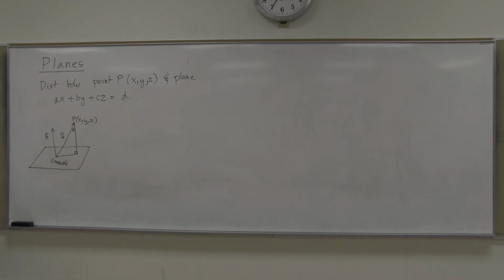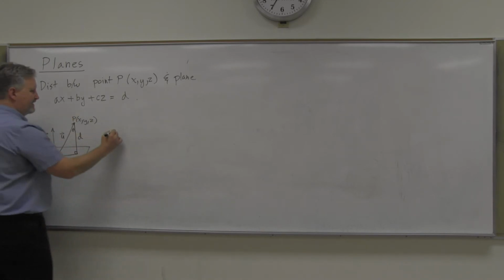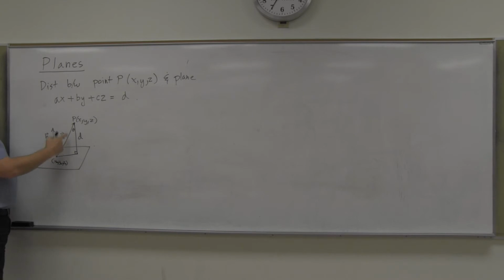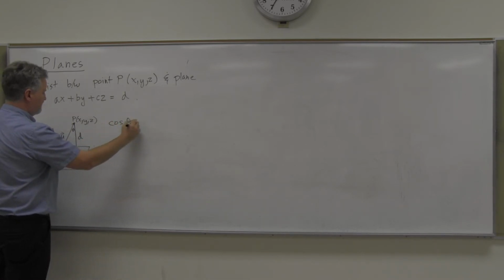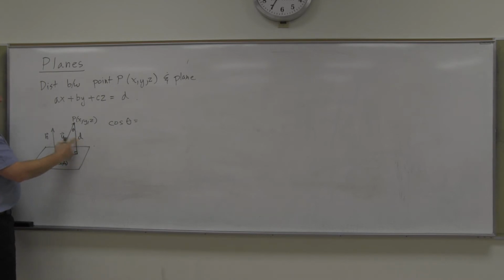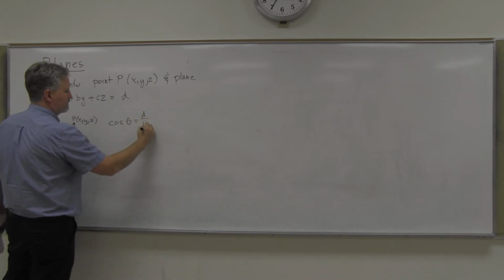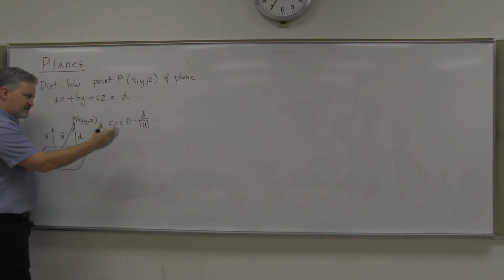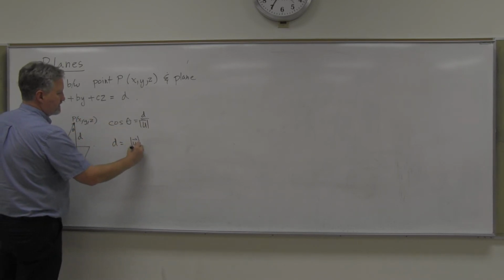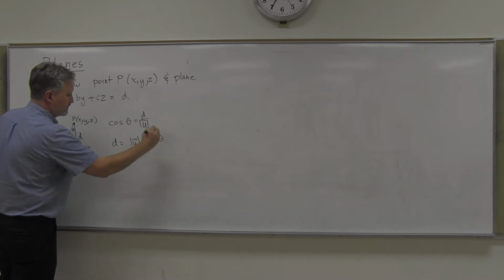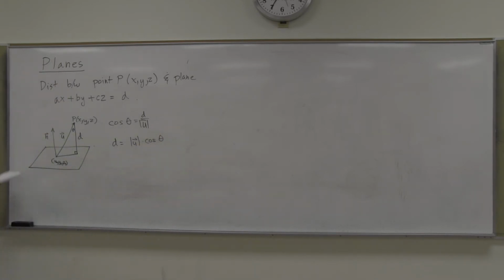So, this is our distance d we're after. In this case, we do have cosine theta involved. The cosine of theta would be d divided by the magnitude of u. Similar deal, we're solving for d, so d would be the magnitude of u times the cosine of theta, which, coming up with that angle would be difficult.